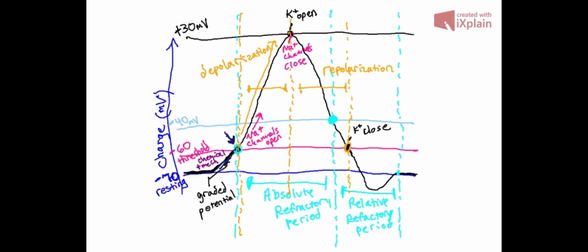When it's just resting at negative 70, that's the resting potential. So once it hits that negative 60 and the switch flips and it shoots up to way positive, positive 30, that is the action potential.